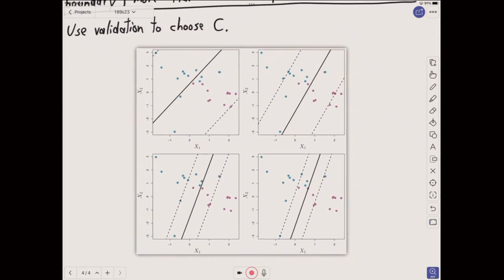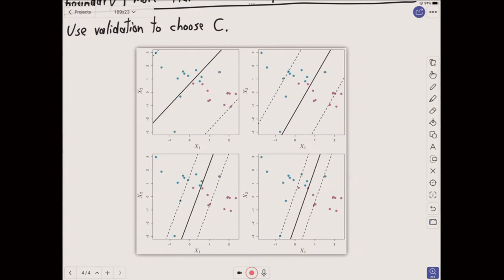So here are 4 different figures. By the way, this figure is taken again from your main textbook, Introduction to Statistical Learning. And all 4 of these examples have exactly the same training set. So the data is not changing from picture to picture.